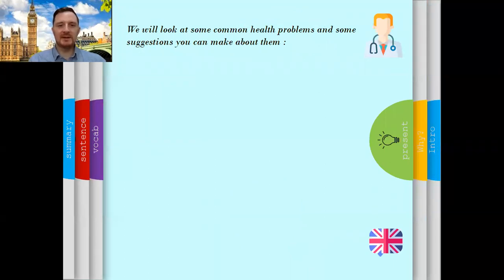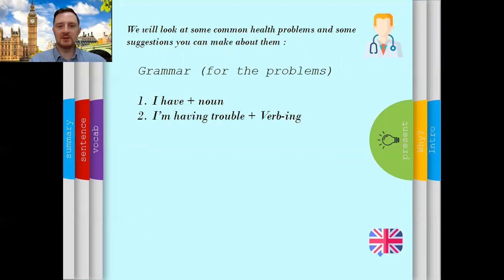So in this lesson, we will look at some common health problems and some suggestions that you can make about them, some advice, okay? So let's look very quickly at the grammar for the health problems. So we will use two structures and we have two options.